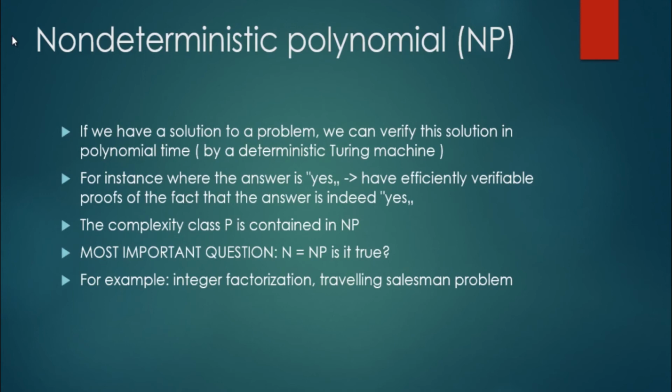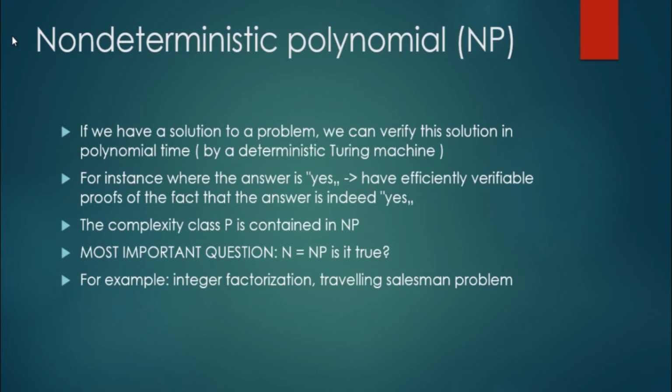For example, a non-deterministic polynomial problem is integer factorization. If you are familiar with encryption, most of the encryption we use relies heavily on this NP problem, that we are not able to factor an integer fast, so we don't have any good algorithms.